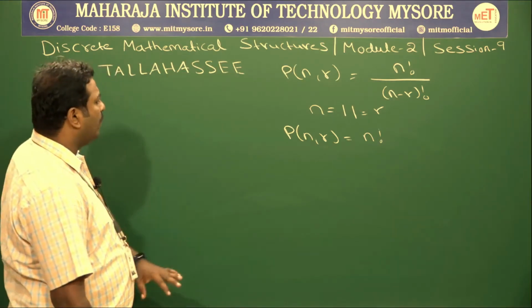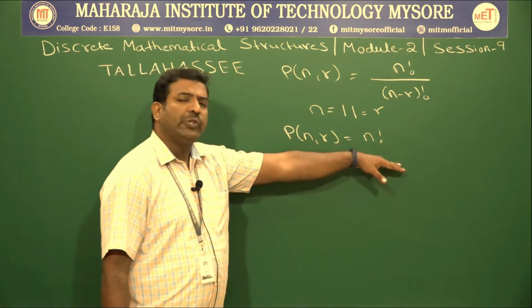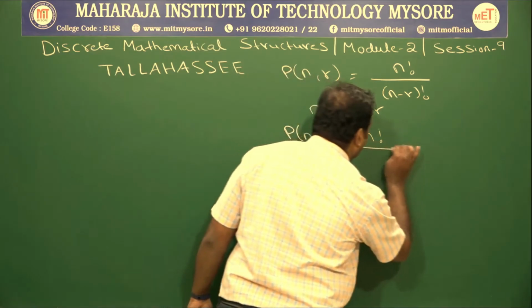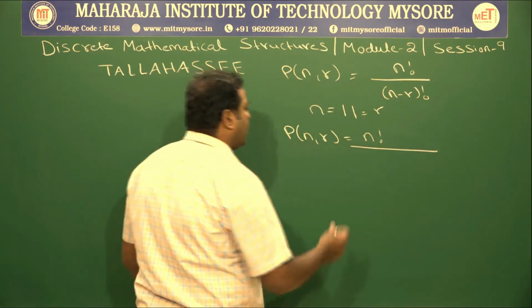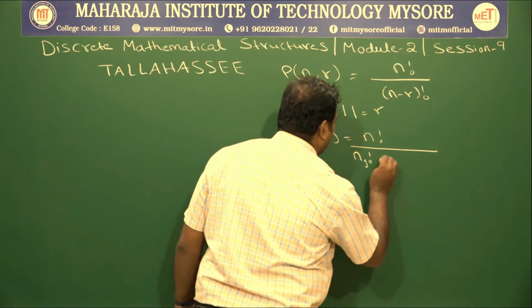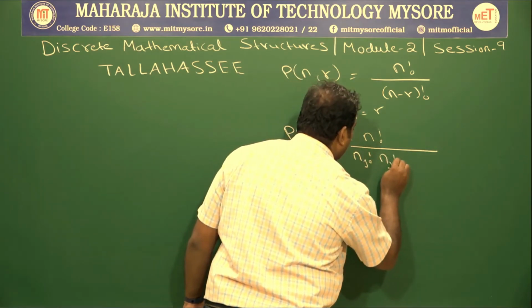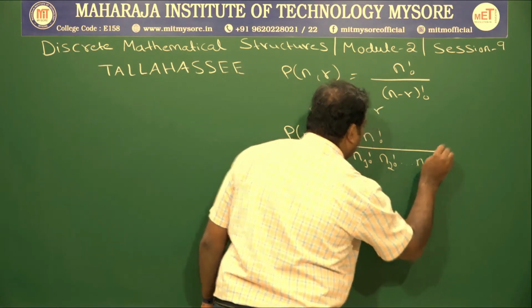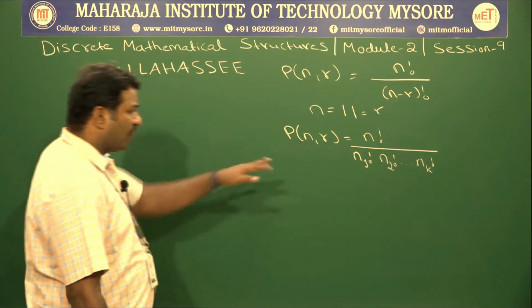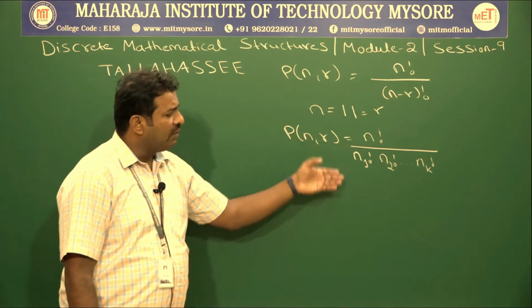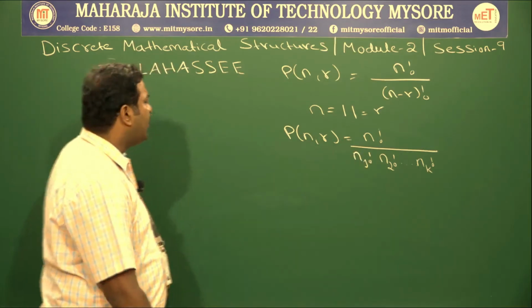So first work on the frequency, and divide by N1 factorial multiplied by N2 factorial, so on until Nk factorial. I know N is 11, but now I need to find N1, N2, until Nk.